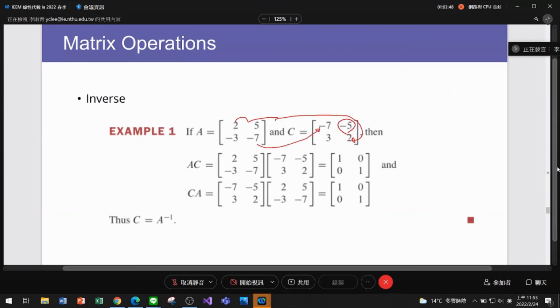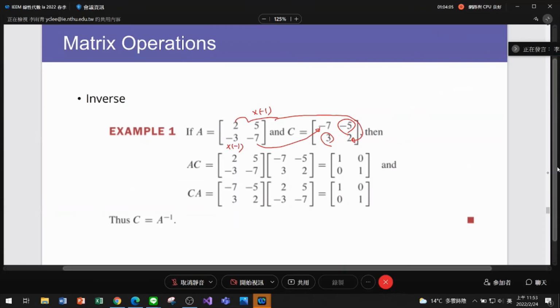And then this one is multiplied by -1, 5 is multiplied by -1, and 3 is obtained via -3 multiplied by -1. That's how we obtain C.